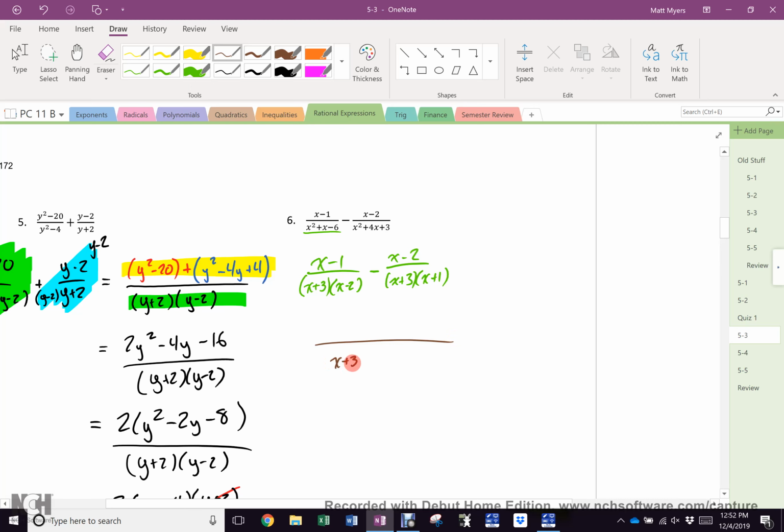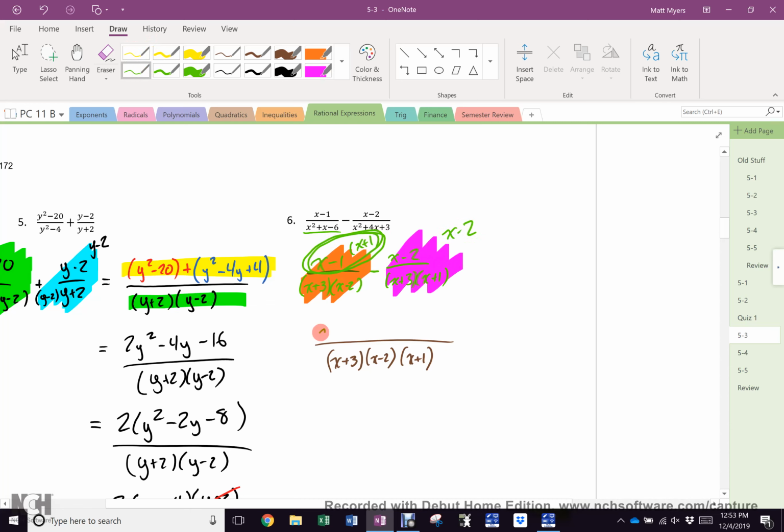X plus 3 needs to be there. X minus 2 needs to be there. And x plus 1 needs to be there. Right? What does this guy need? X plus 1. What does this guy need? X minus 2. What is that multiplication? X squared minus 1. Minus. What is that multiplication?